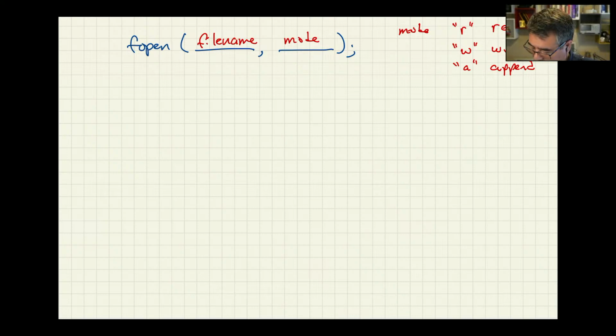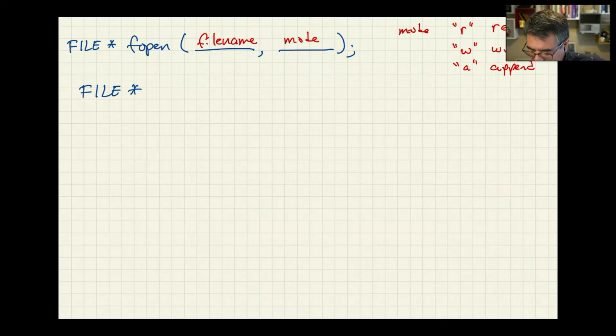Okay. And then fopen will return to you a file pointer. This is one of the few places in C where a variable type is going to be all capitalized. I don't know why they chose to do this, but that's the way it is. It's one of the only types that is all capitalized, but it does stand out. So we could do something like this.